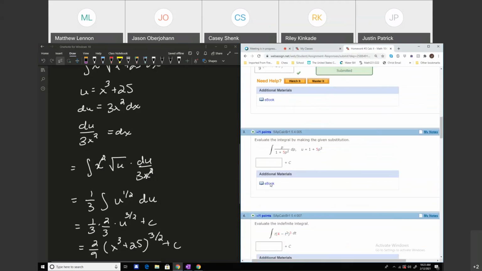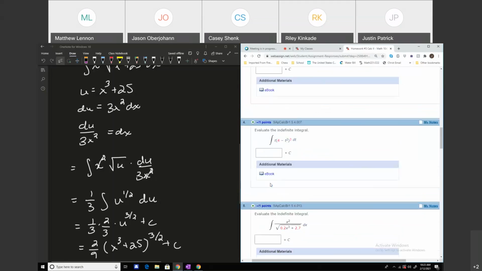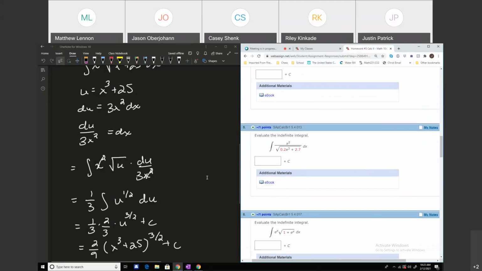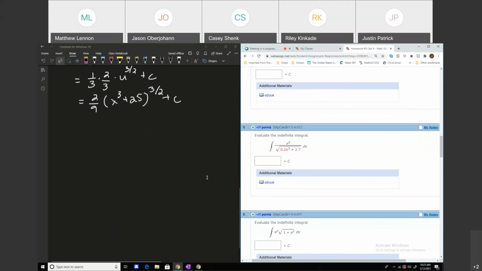Okay, so like I said, let's skip 3 and 4. They look pretty simple. We'll go ahead and do number 5, I guess. Even though it doesn't look too difficult, maybe the constants are a little trickier. It's the only thing here.